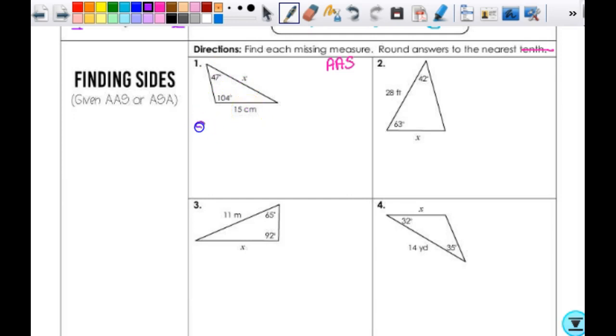So I can say that the sine of 104 divided by x is equal to the sine of 47 divided by 15.